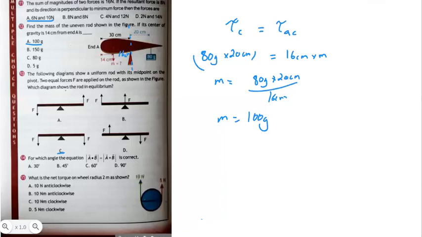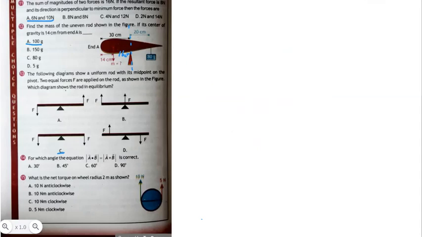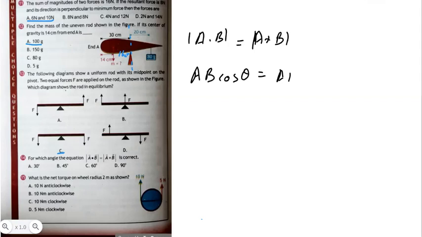Question number 14 is, for which angle is the equation A dot B equals A cross B correct? Okay, so the magnitude of A dot B is equal to the magnitude of A cross B, while the magnitude of A dot B is AB cos theta, while A cross B is AB sine theta.